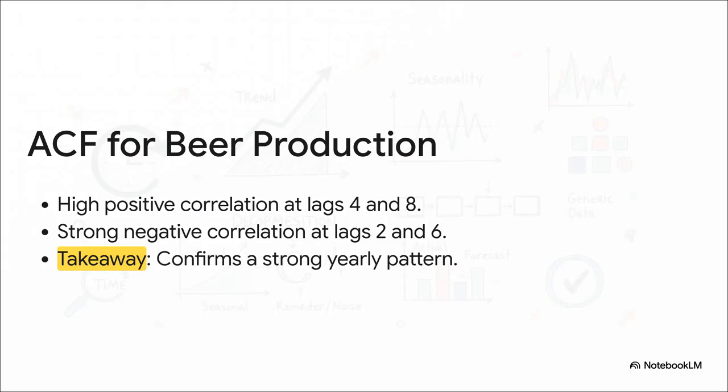And when we run this on some quarterly beer production data, bam, the pattern just jumps off the page. We see these huge spikes at lags 4 and 8. That's the mathematical proof right there. It's telling us that production in any given quarter is strongly tied to what happened a year ago and even 2 years ago. We've just mathematically confirmed a strong yearly pattern.